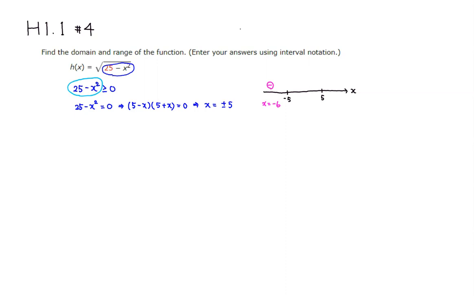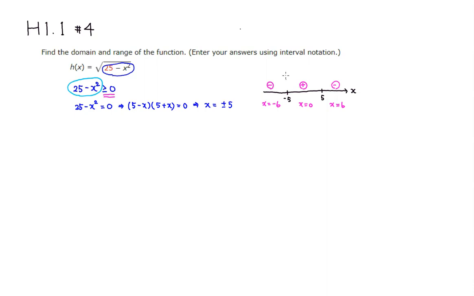Then anything between negative 5 and positive 5, so I'll try 0. 25 minus 0 is 25, which is positive, which is what we want. Then anything bigger than 5, so I'll try 6. 25 minus 36 is negative. Since we want non-negative, we want either positive or 0.